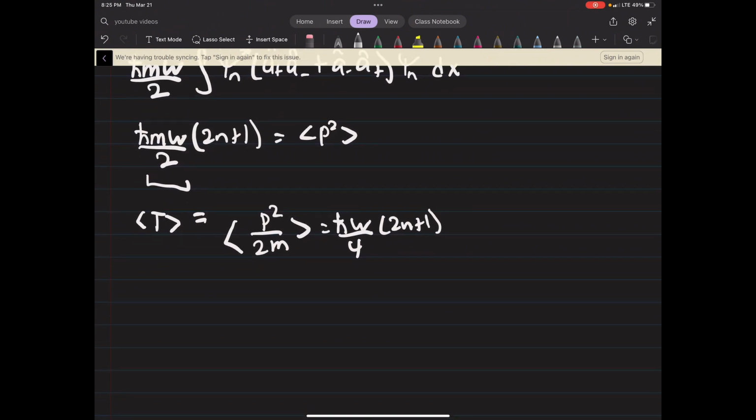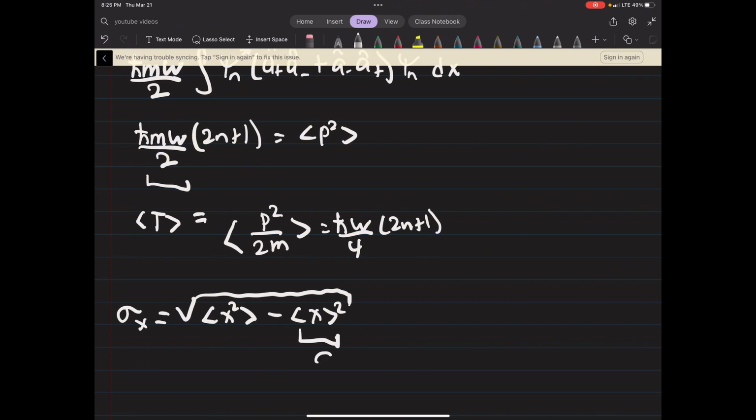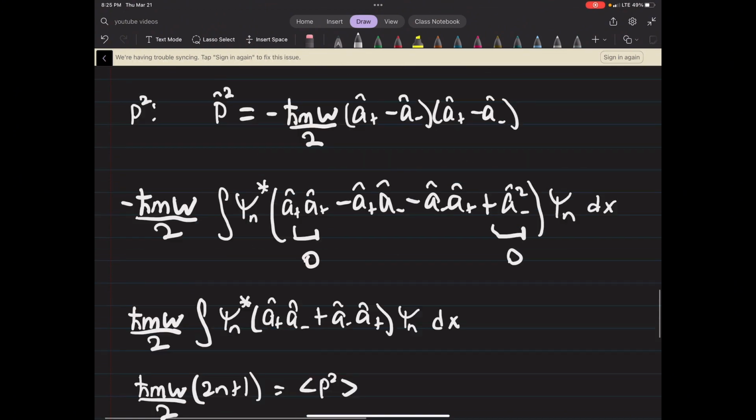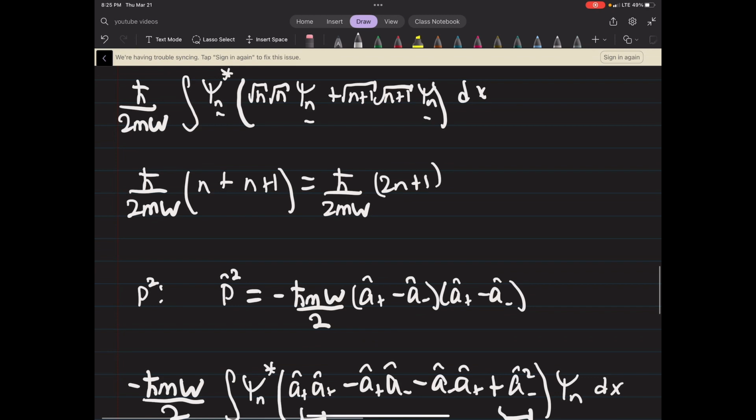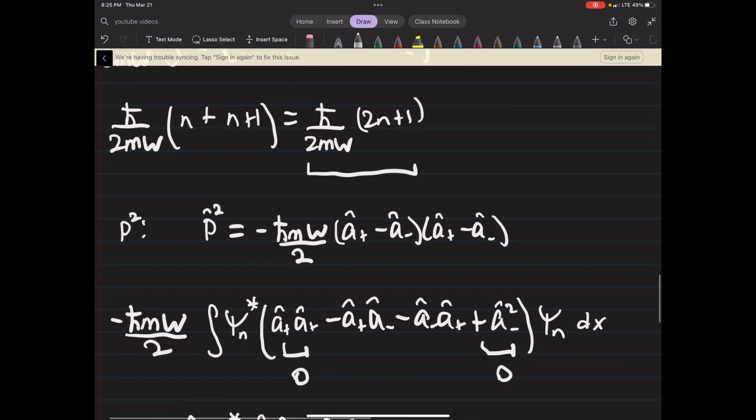And then to find your standard deviations, sigma x is the square root of the expectation value of x squared minus the expectation value of x, squared. And we already found those, so what was it? This one was 0, and the expectation value of x squared is, I believe, right here.